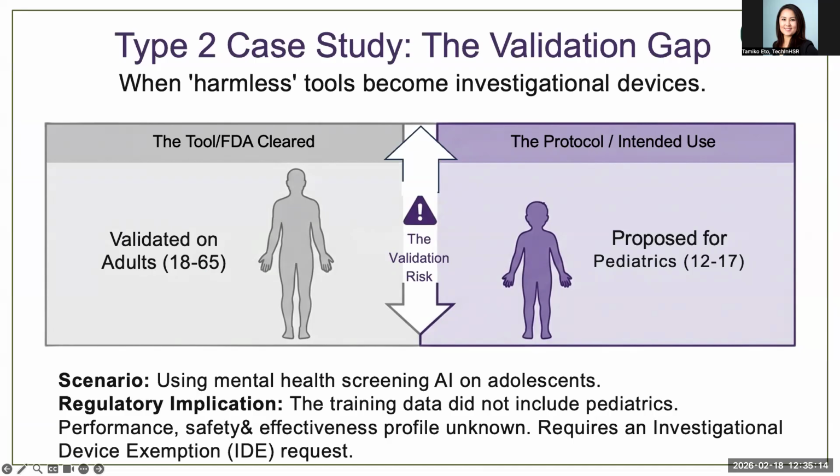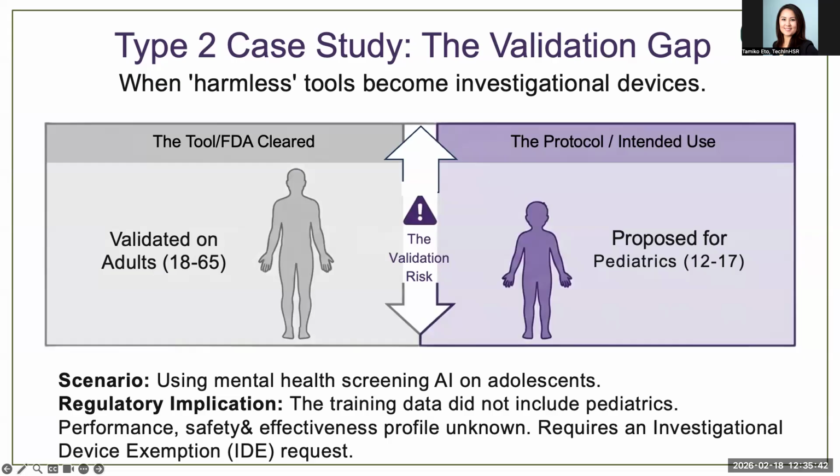But here's the problem. The AI learned from adults what a concerning behavior might look like. But teenagers, as I know, are not small adults. They have mood swings, sleep disruption, impulsive behavior, hormonal changes. These are normal adolescent development changes and they may or may not be depression symptoms.